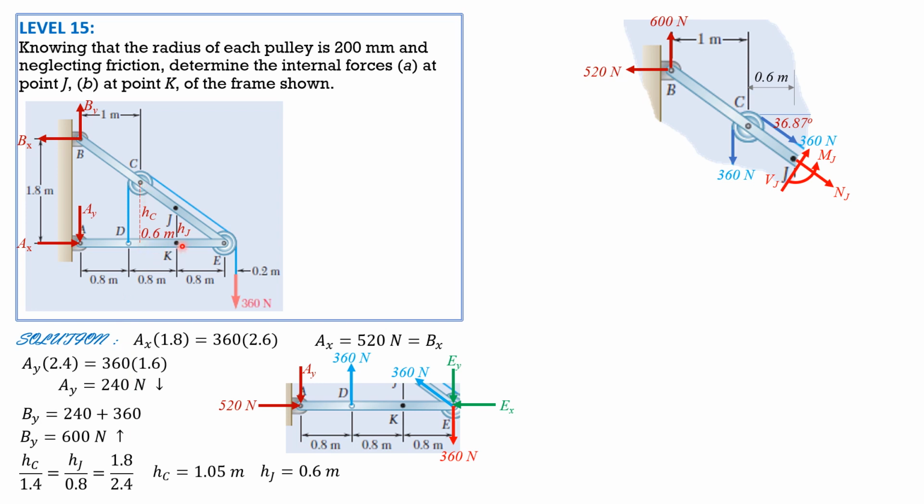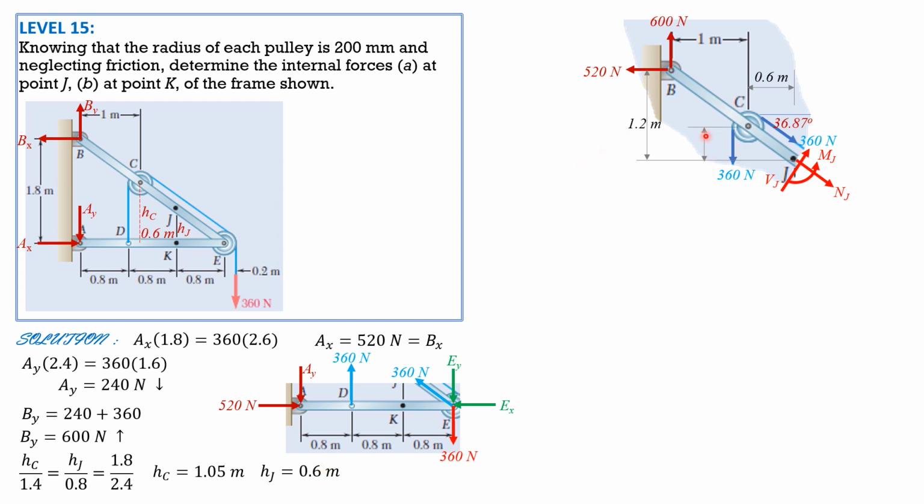So this vertical distance from J to there is 1.8 minus HJ, which is 0.6, so that's 1.2.